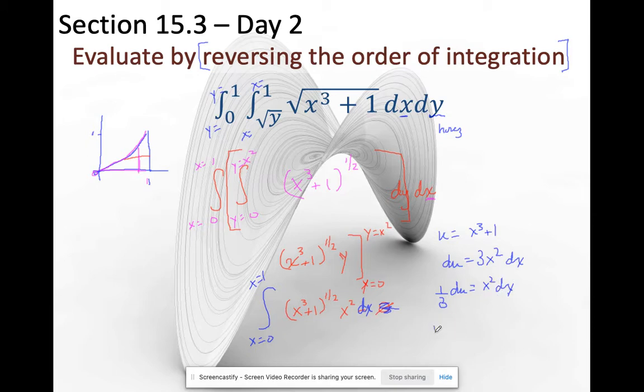So you are going to integrate 1/3 u to the 1/2 du. Integrating u to the 1/2 is power up, divide by the power up. So it's going to be u to the what? 3/2 divided by 3/2, which means you're really multiplying by 2/3. And you're evaluating this at x equals 0 and x equals 1.